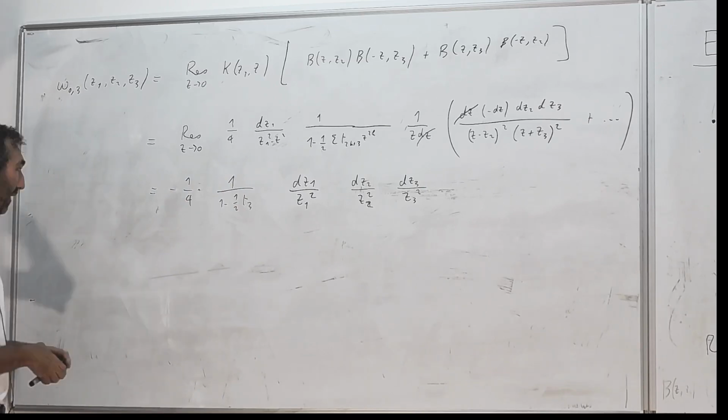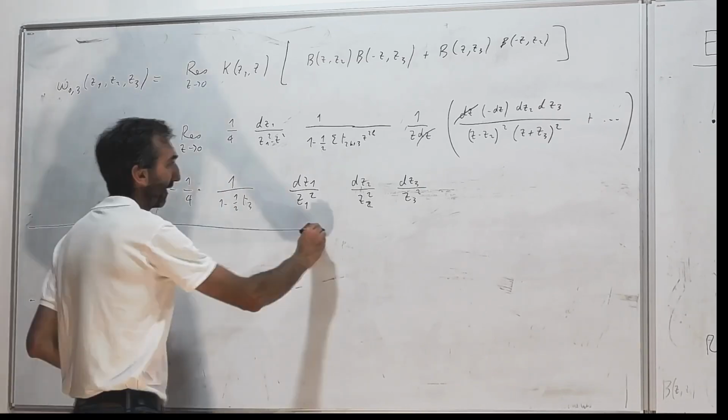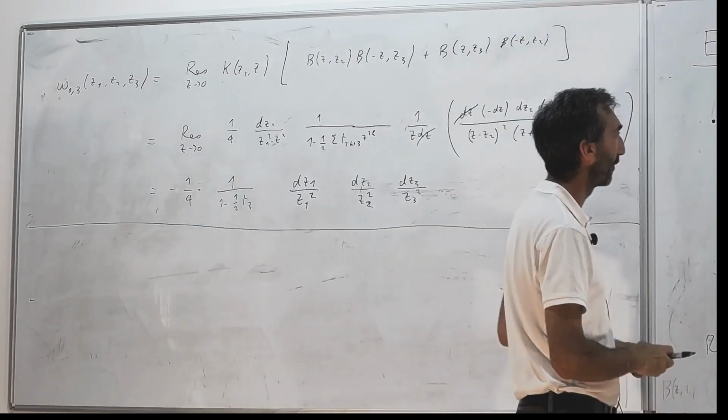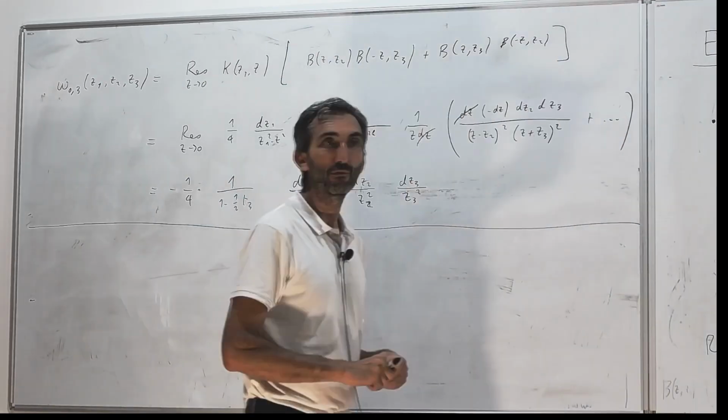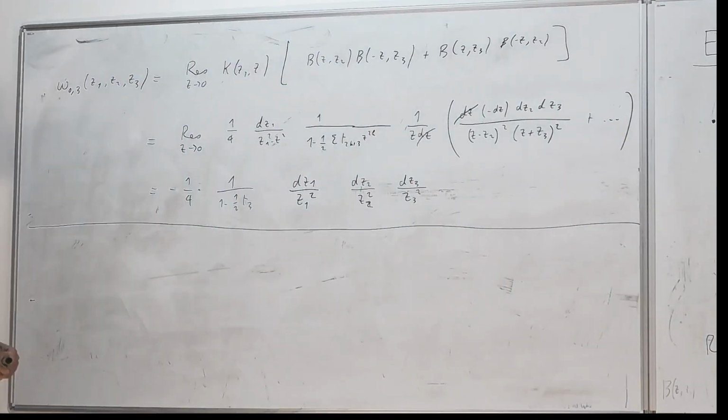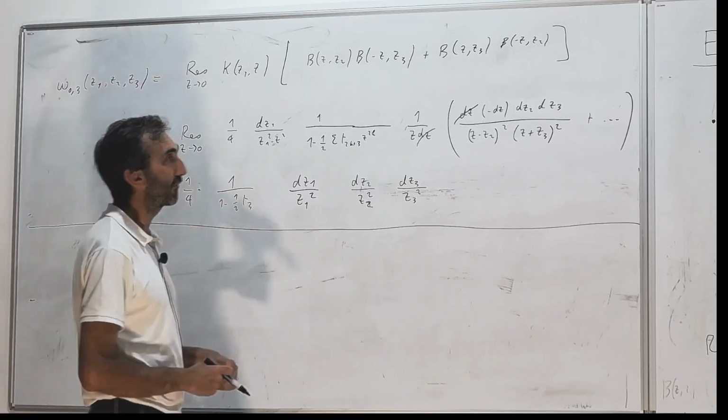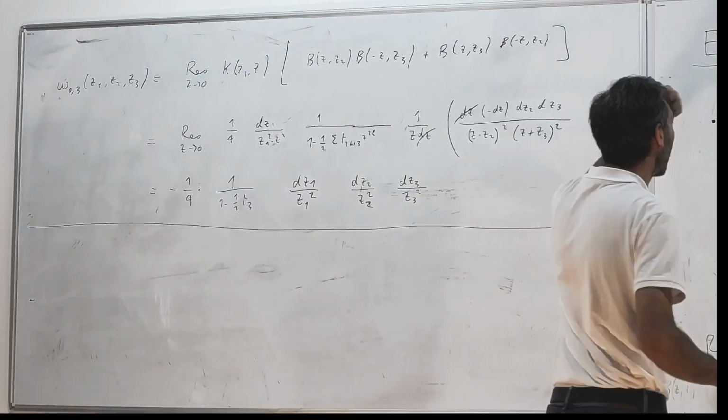Now I want to illustrate what I talked about deformations. Let's compute the deformations with respect to some parameters, and in particular, let's talk about d over dt3. But let's talk about d over dtk in general.